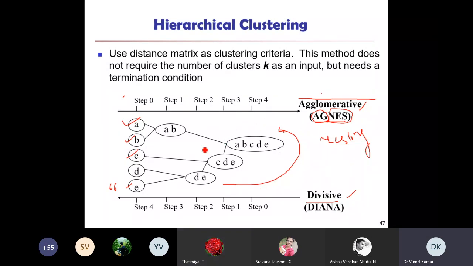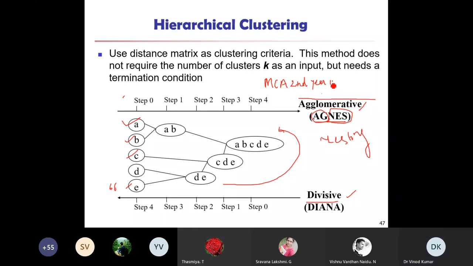Once again I will repeat. See here, what is there in agglomerative? You can understand very much if I take your example of MCA second year. How many students are there in your class? 66.